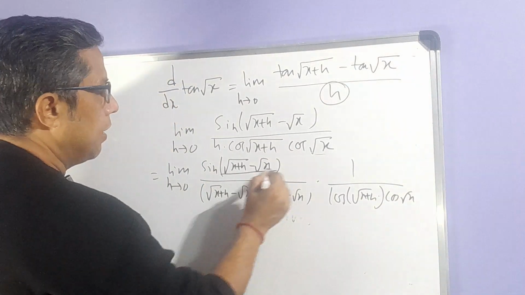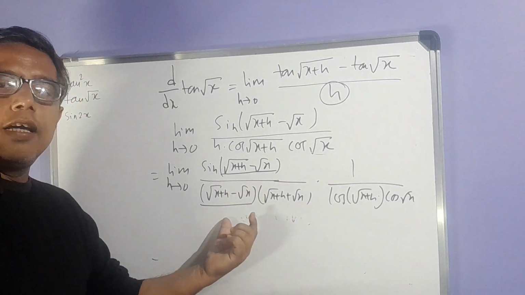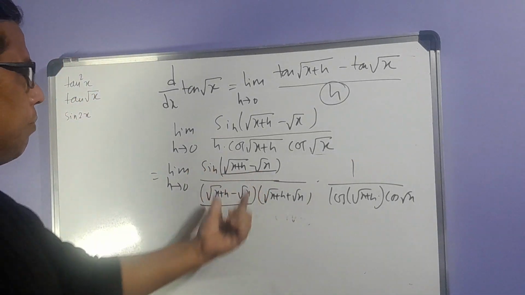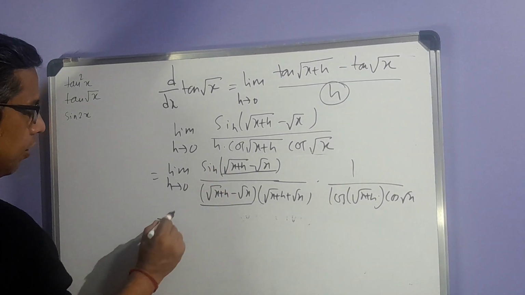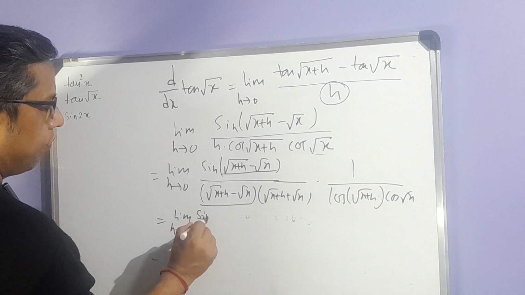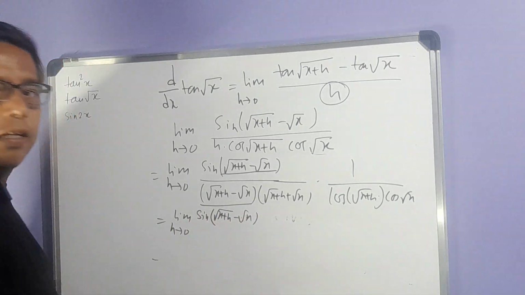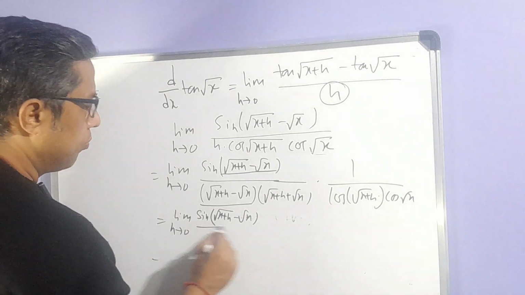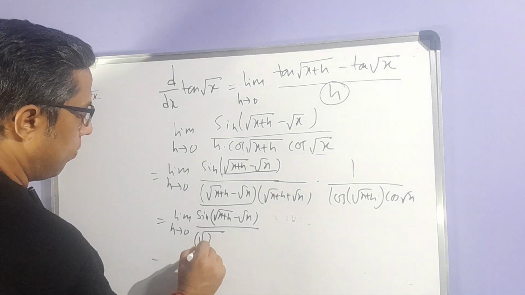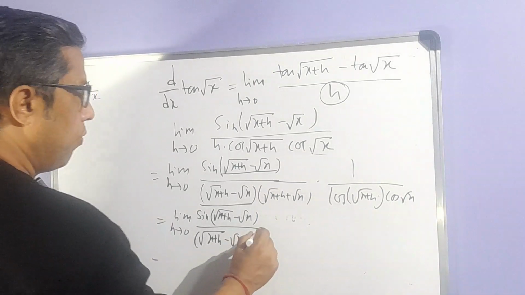So let's take it as a single function, like sine a by a or sine z by z. So it will be 1. So limit h tends to 0, sine of root over of x plus h minus root x, divided by root over of x plus h minus root x. So this part will be 1.